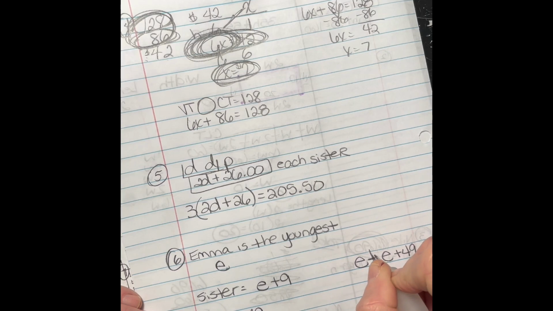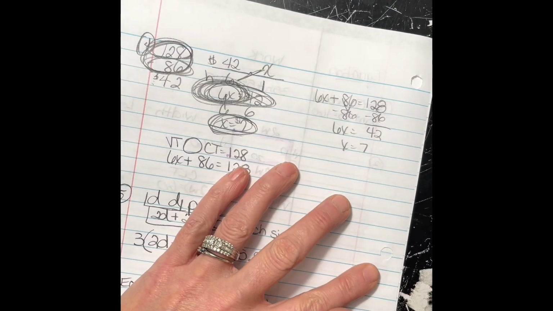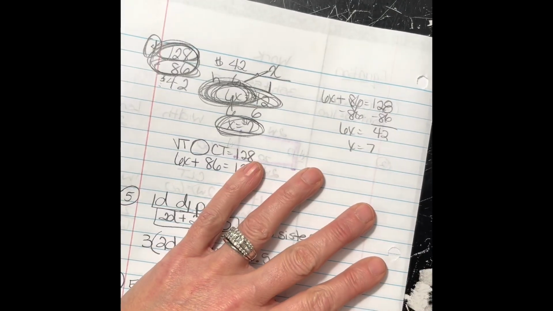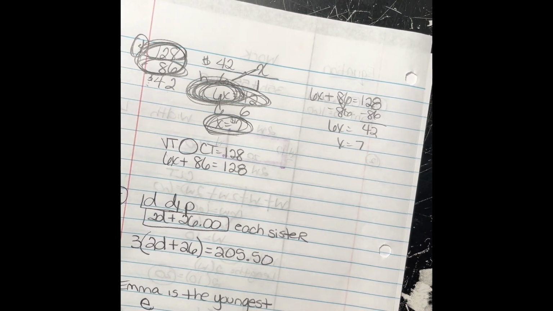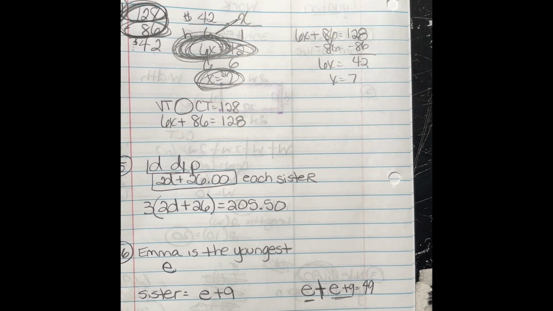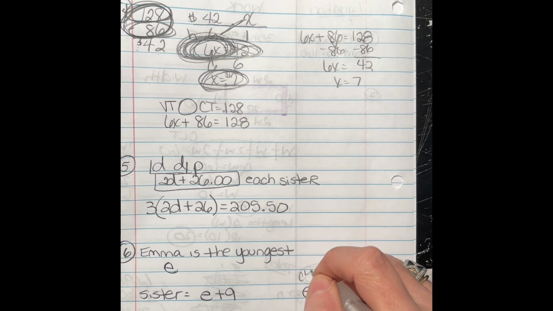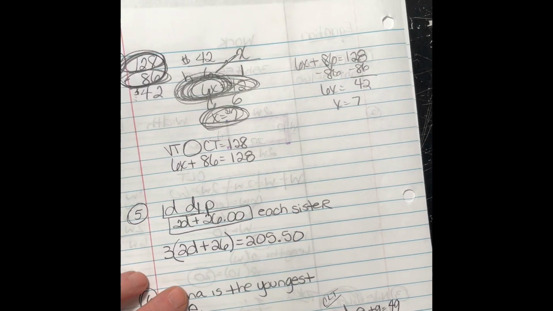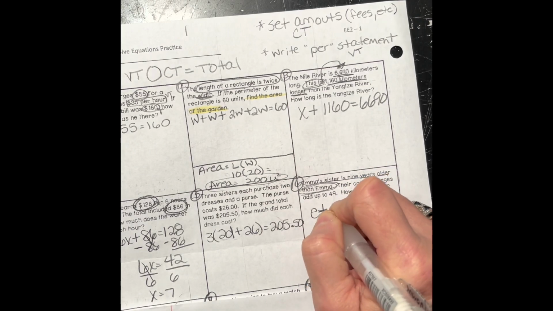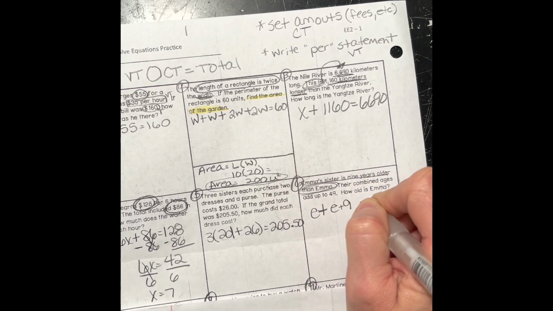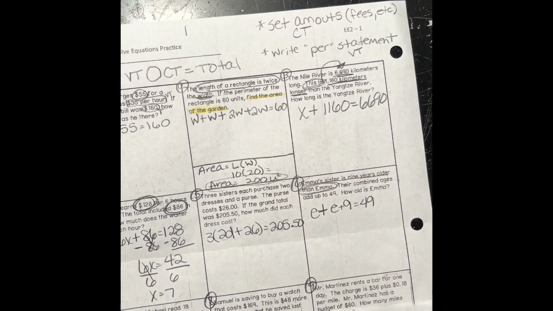I'll put a big plus sign right there. And that's going to give you a total of 49. So you're going to combine like terms and then solve. And then you will work that one.